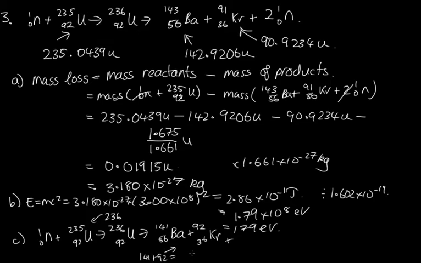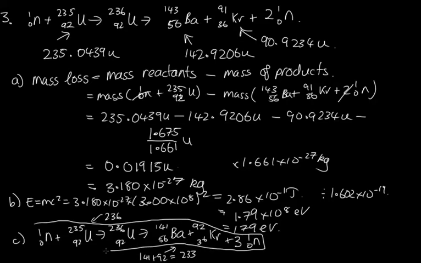That is equal to 233. So we need another 3 neutrons. So this is plus 3 neutrons. So this is a bit of a mess, but that's our equation there. All balanced now. So if we get these products, we end up with 3 neutrons. So then it asks us which one's more likely to cause a chain reaction and why.